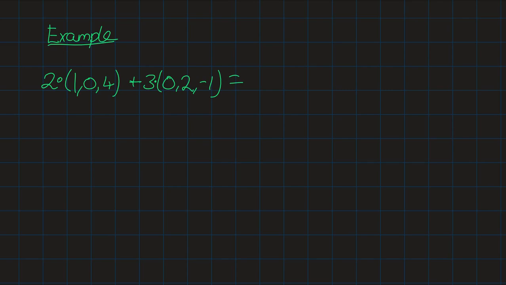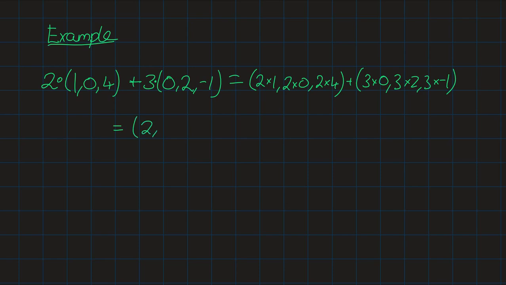So what is this? This is going to be 2 times (1, 0, 4), plus 3 times (0, 2, minus 1).